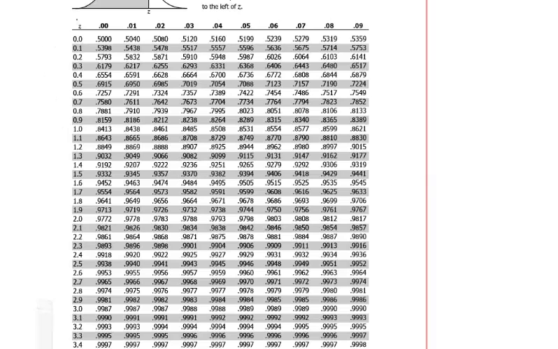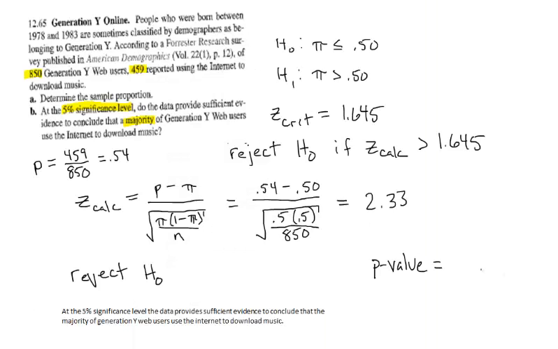So down the side to 2.3, and then over to 0.03, 0.9901. And so our p-value, remember that we are greater than, we are right-tailed, and our z-chart reads left, so we're going to be 1 minus 0.9901, which is going to be equal to 0.0099.